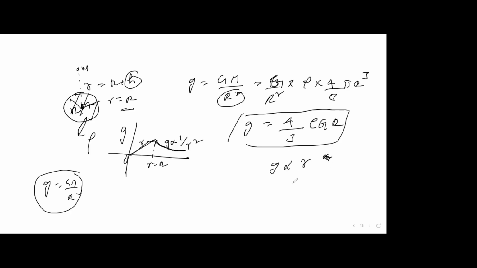So if I consider the g value here, this much. Now at any height, we are talking about variation of the value with height and depth. So at the surface of the earth, with radius R, we know the value of g is equal to GM by R square. At any other height, if I take a body, it will be pulled by the earth, isn't it?